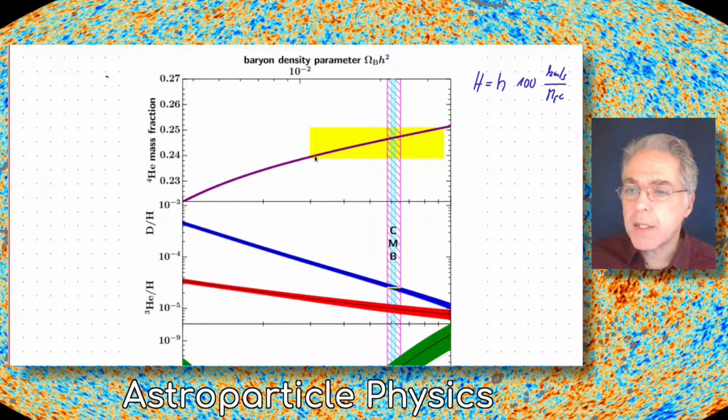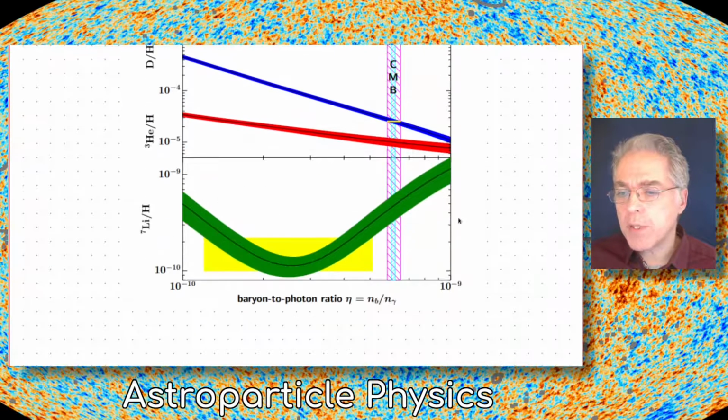The yellow part is the measurement, and that's the uncertainty on the value for helium, because this depends upon the way you measure it, to be sure that you are not biased by stellar nucleosynthesis. Then you would constrain from this the value of omega B to be between slightly above 1% and going maybe up to 2, 3 and slightly above 3%. Okay.